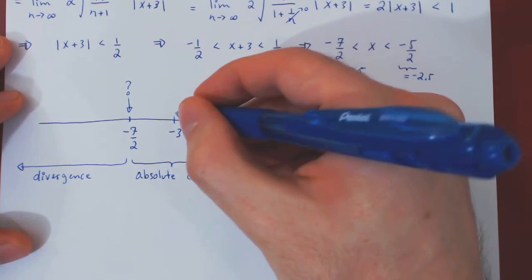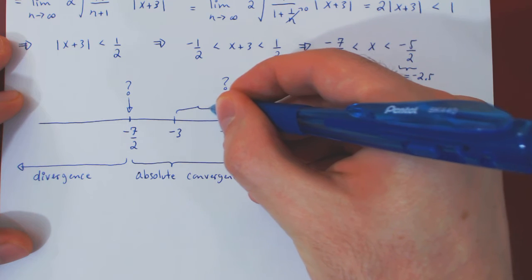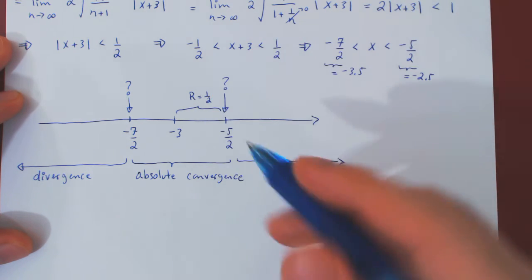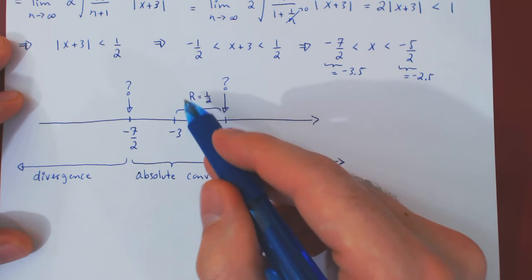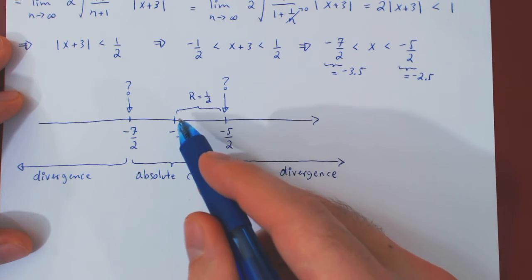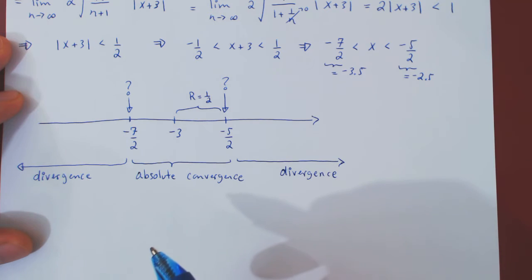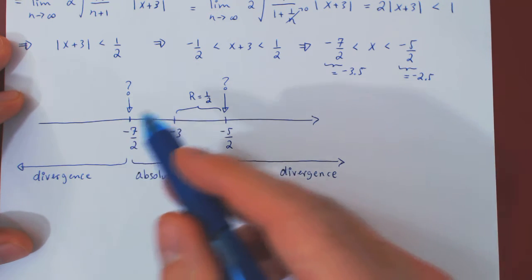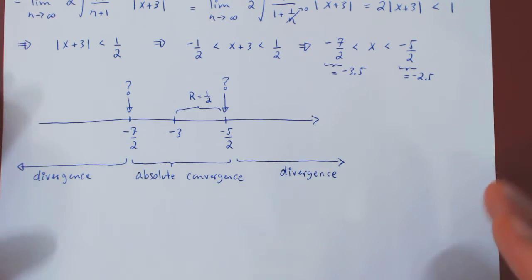So here, the radius of convergence is equal to 1/2. If you recall, the radius of convergence is how far from the center can you walk and still have convergence. The answer here, 0.5 to the right, 0.5 to the left, which is of course 1/2.